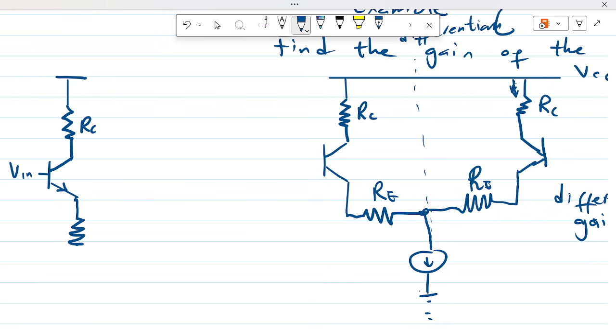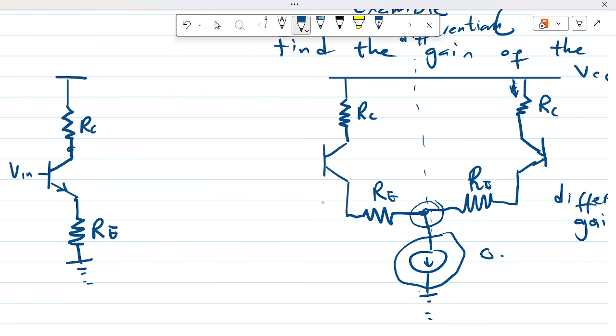Then we have RE, the emitter degeneration resistor. And this node is grounded or has an AC ground for small signal changes. And this is an open circuit. So I just end with a ground.